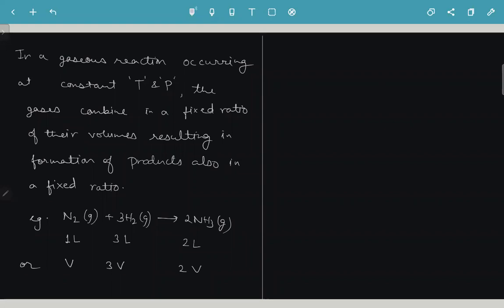Gay-Lussac's law of gaseous volumes. क्लियर है ये Gay-Lussac's law?